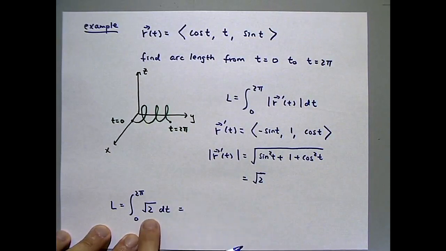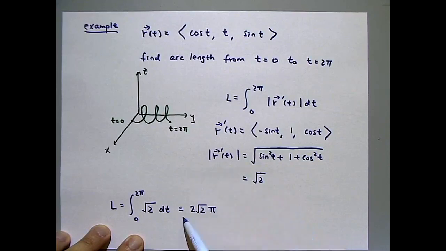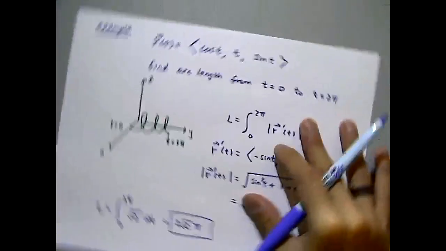And we get radical 2 times t, from 0 to 2 pi, so that's 2 radical 2 times pi. Right? Questions?